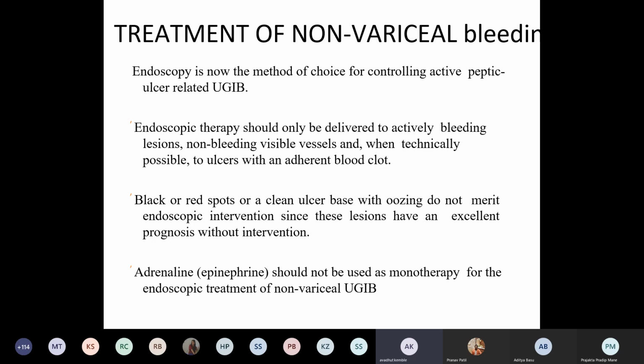Endoscopic therapy should be delivered to actively bleeding lesions and non-bleeding visible vessels when technically possible. Ulcers with an adherent blood clot should not be tethered, and black or red spots or a clean ulcer base with oozing do not need endoscopic intervention. So we should not disturb them, otherwise they will start re-bleeding because they are settling. We should not intervene with them.